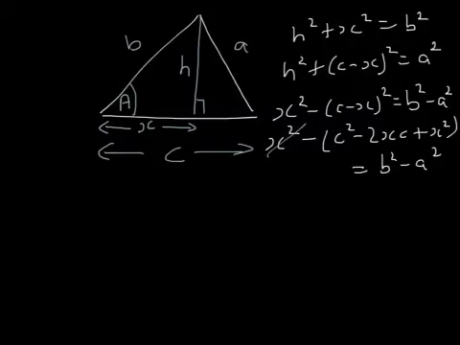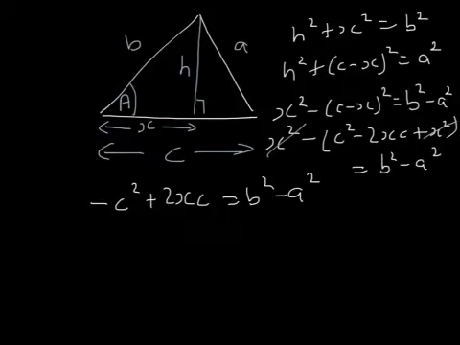Now x squared minus x squared is nothing, so I'll end up with minus c squared plus 2xc. It's plus because it's minus minus. Minus c squared plus 2xc equals b squared minus a squared.